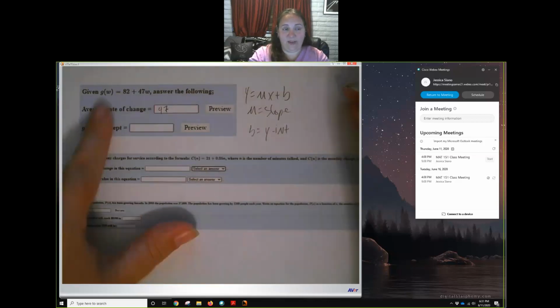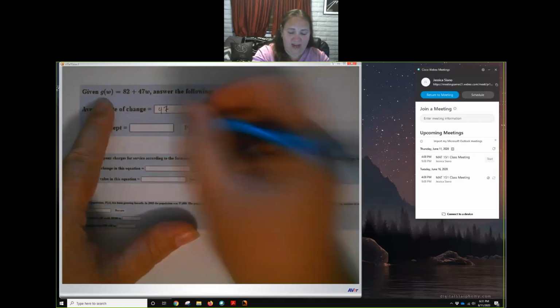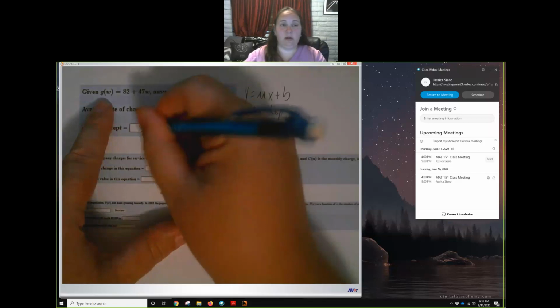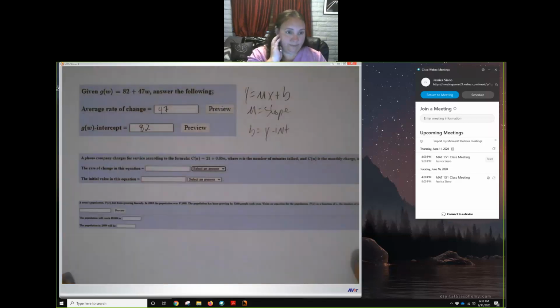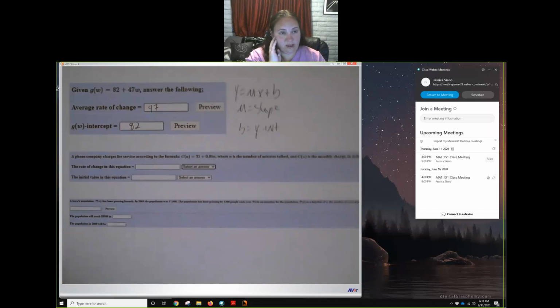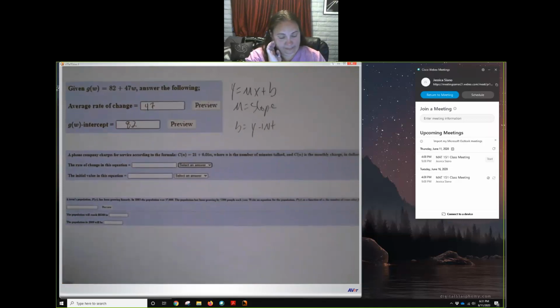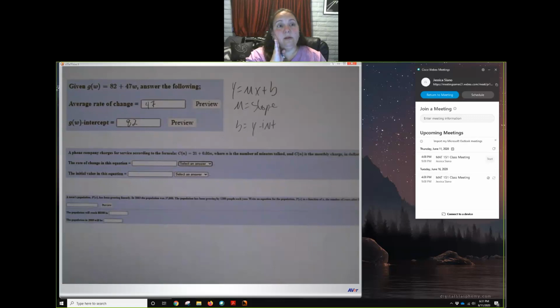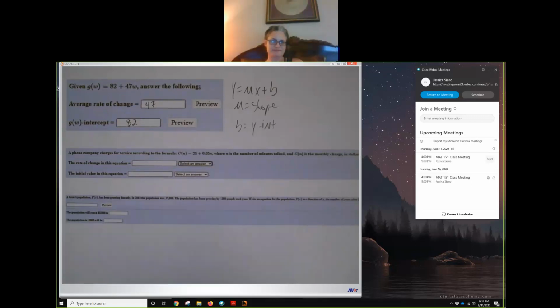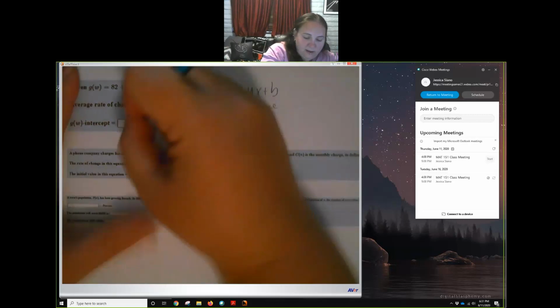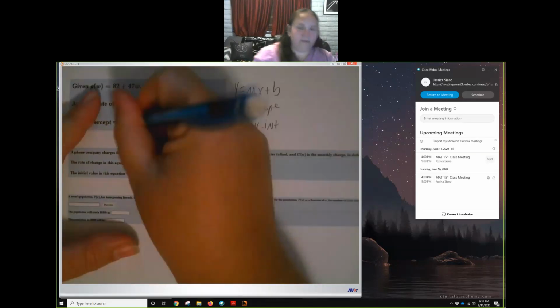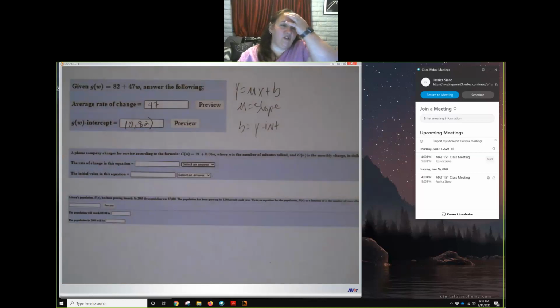And g of w is the same as y, so my y-intercept here is 82. Please don't overthink that one. They like it in intercept form, so it would be parentheses 0, 82 parentheses. They want it as a point since they're asking you for an intercept.